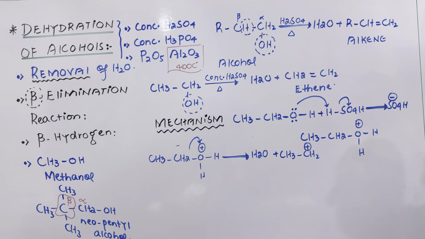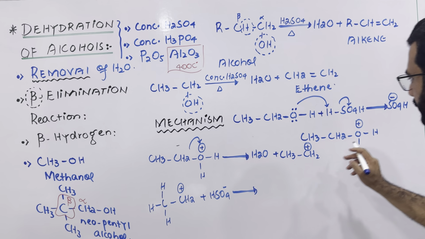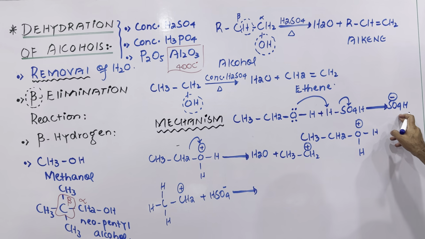Now in the last step, the beta hydrogen of this carbonium ion will be attacked by the conjugate base which was produced in the first step. So when this beta hydrogen is attacked, it will shift its bond between alpha and beta carbon. The catalyst will be regenerated, which was used in the first step, and finally you will get the product, and that is basically ethene.